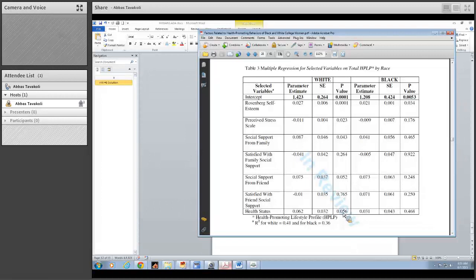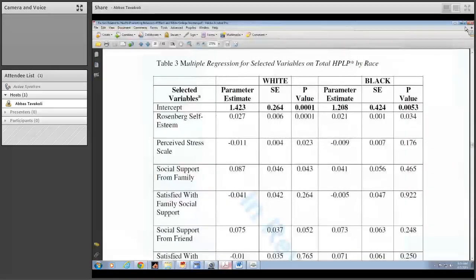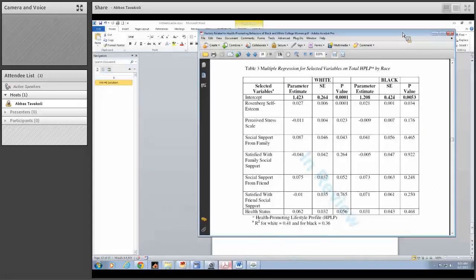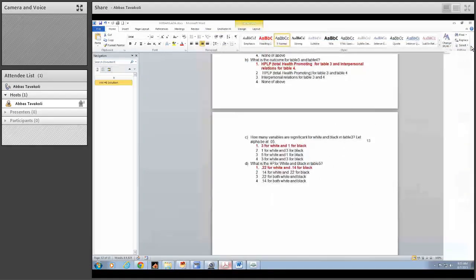The other two variables, health status and social support, were borderline. So that is for white. For black, the only significant variable was Rosenberg. So the correct answer is 3 for white and 1 for black.